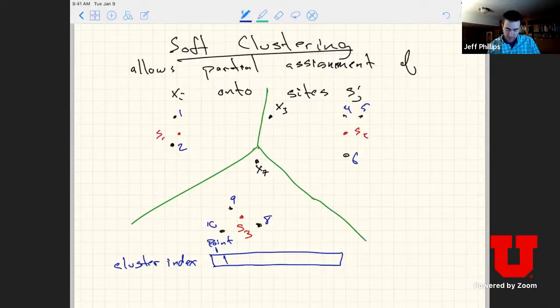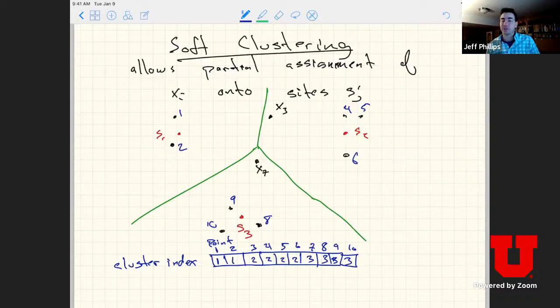So I just store in here, this is implicitly point 1. It's mapped to site 1. Point 2 is mapped to site 1. So I just store the index of the site it's mapped to. X3 is assigned to site 2. 4 is assigned to 2. 5 is assigned to 2. 6 is assigned to 2. 7 is assigned to 3. 8 assigned to 3, 9 to 3, and 10 is assigned to 3.